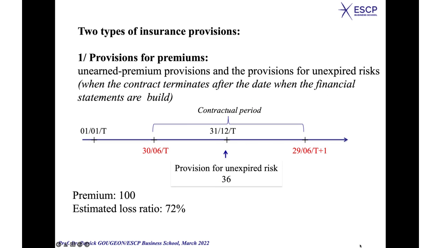Then the question is, what is the value of the remaining risk at the end of year T? Well, you take a simple rule, usually saying it's 50-50. There is half of the period still running, so let's take half of the risk, which would be valued in this case at 36. Okay, so that's for the provisions for premiums. At the end of the year, you still have some contracts running and the risk is not fully over, so you have to take a certain proportion of that.